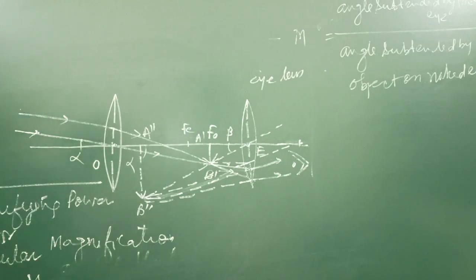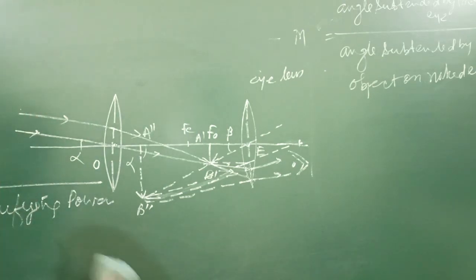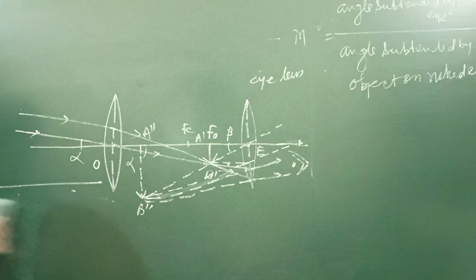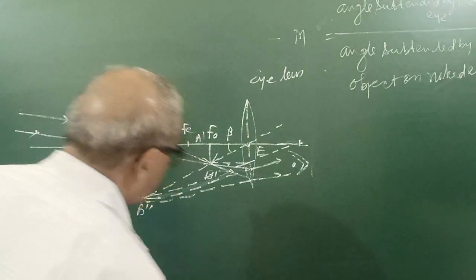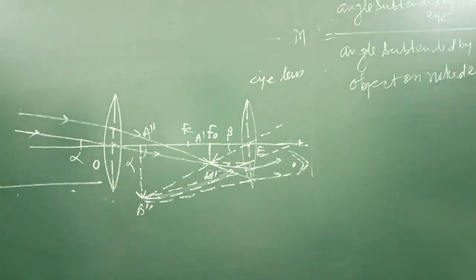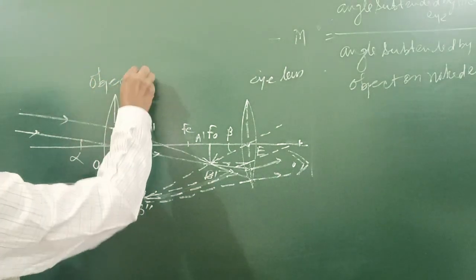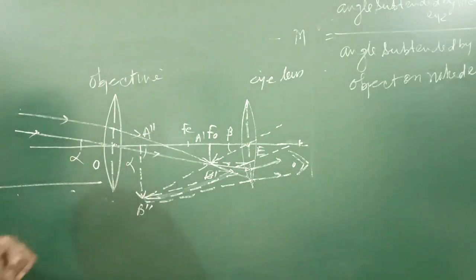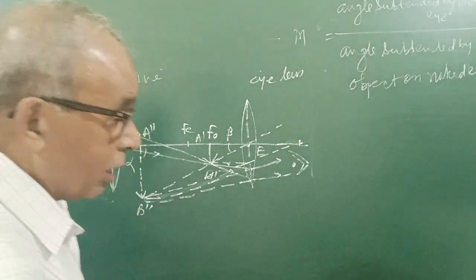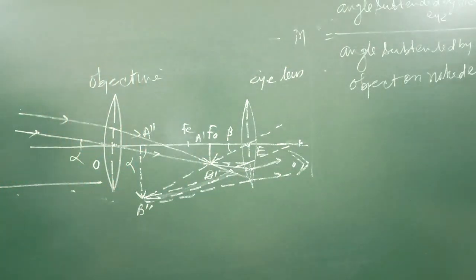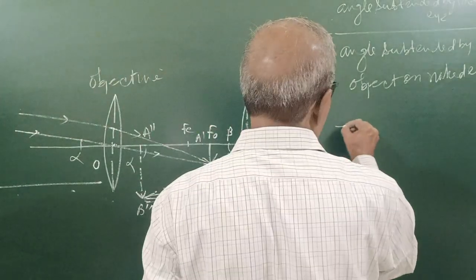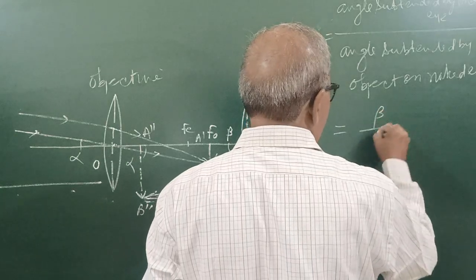Here alpha is the angle subtended by the object on the eye, but in the diagram we have taken it on the objective lens. Whatever the angle subtended by the object on the objective lens, the same will be on the naked eye, because the distance between objective and eye lens is very small, and hence m equal to beta upon alpha.